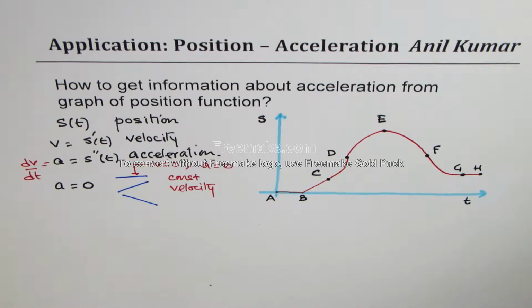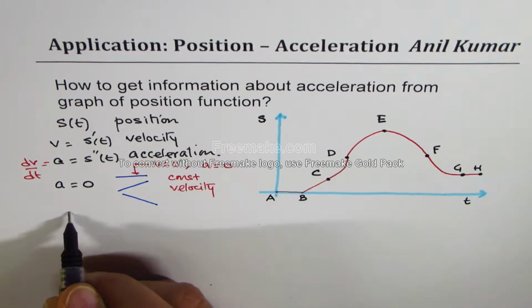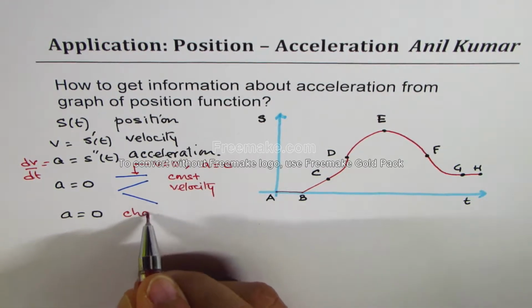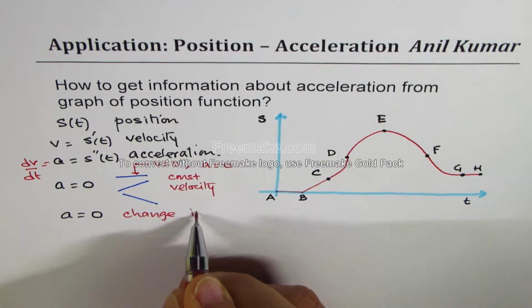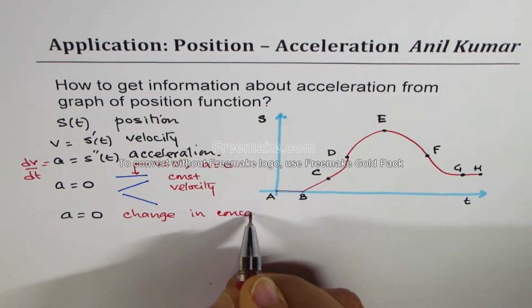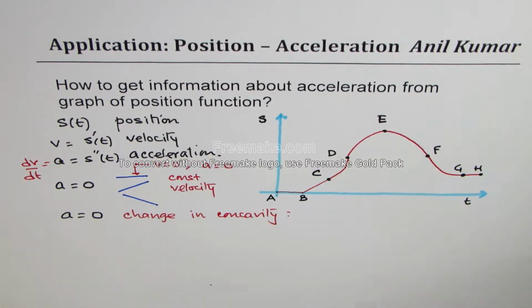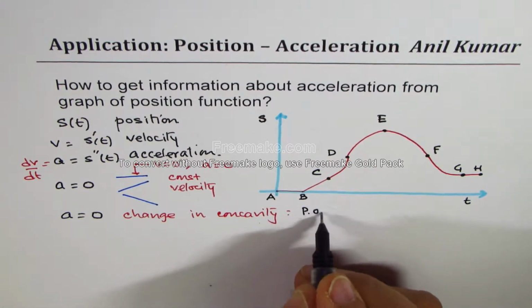Can you tell me any other position where acceleration will be 0? Remember the second derivative test? That is very important. So acceleration is also 0 when there is a change in concavity. We call these a point of inflection. Is it okay?